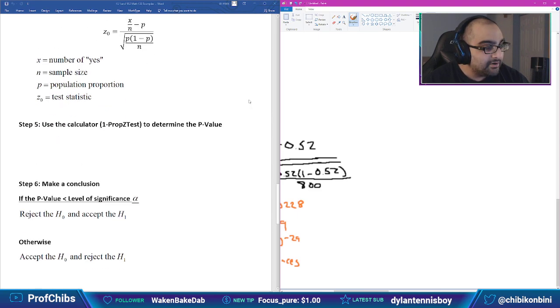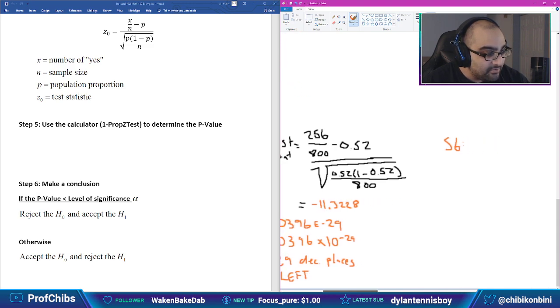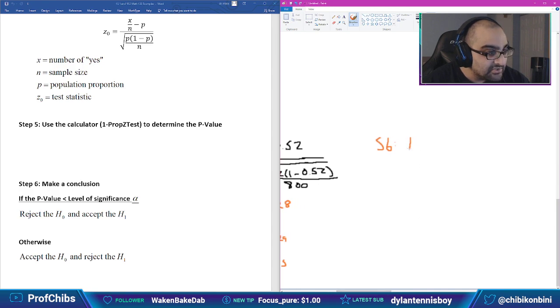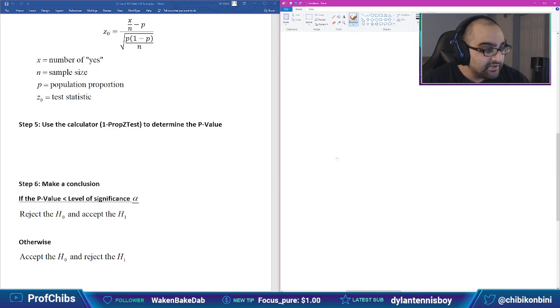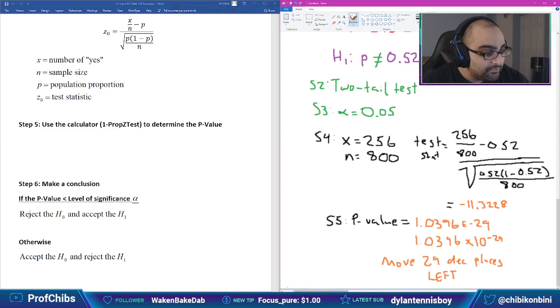The next part here, of course, is step 6. We're going to take that number. Now let's ask the question here. Take our number, because we now know what that is. Is 1.0396 times 10 to the minus 29 power less than our significance level? Well, from our problem here, our significance level is 0.05.